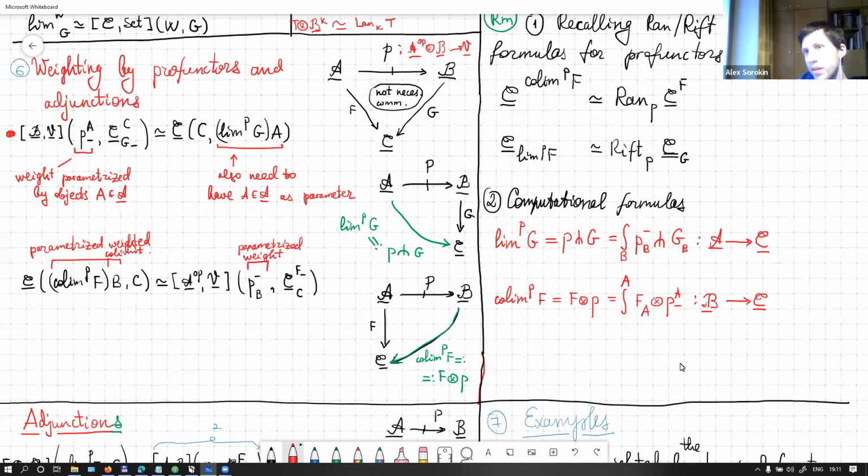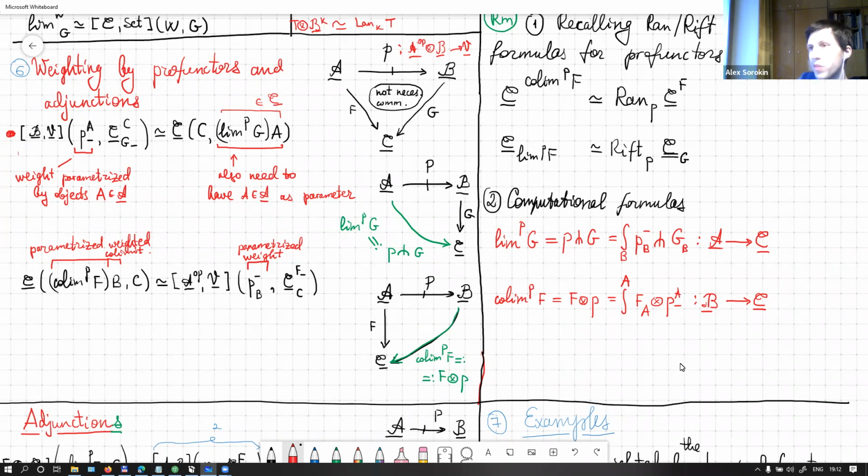So when I write such a thing, I will have a weight parameterized by objects of category A. Therefore, the limit that will be obtained also will be parameterized by objects of category A. The limit should be an object of category C, as we know from the definition of weighted limit and colimit.